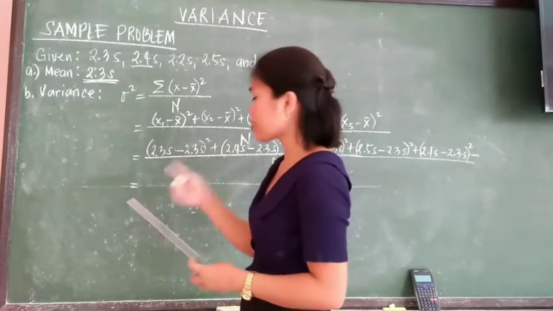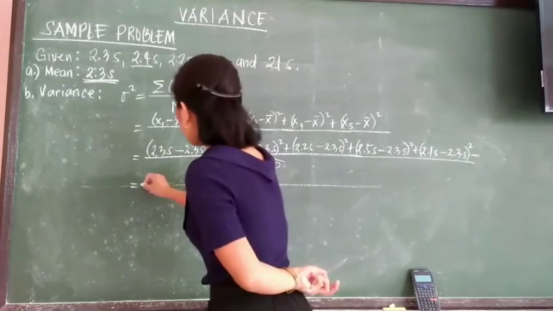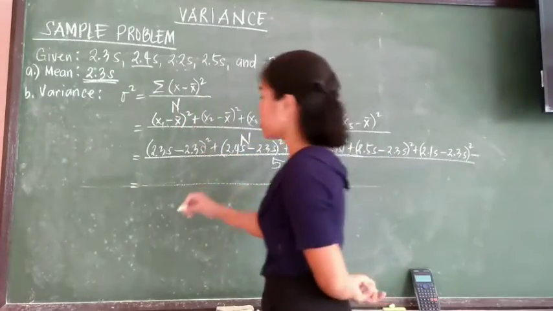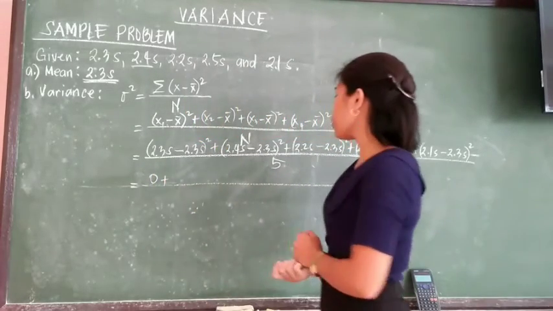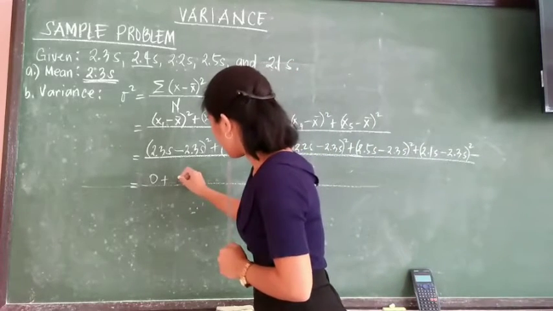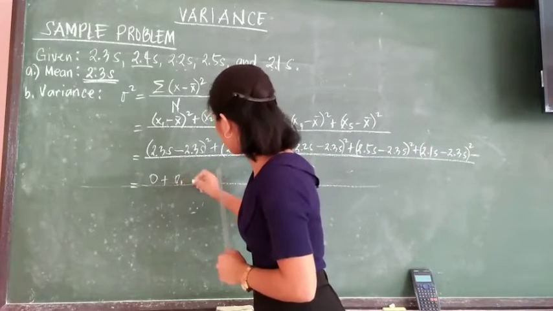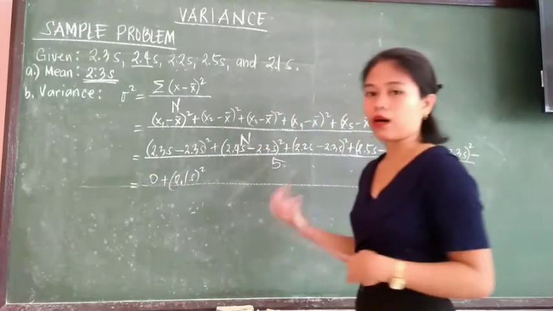2.3 seconds minus 2.3 seconds is obviously 0. Square of 0 is still 0. 2.4 minus 2.3 is 0.1 seconds. Let's do this step by step.